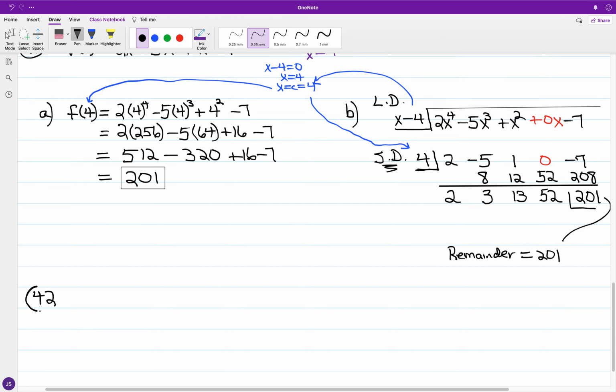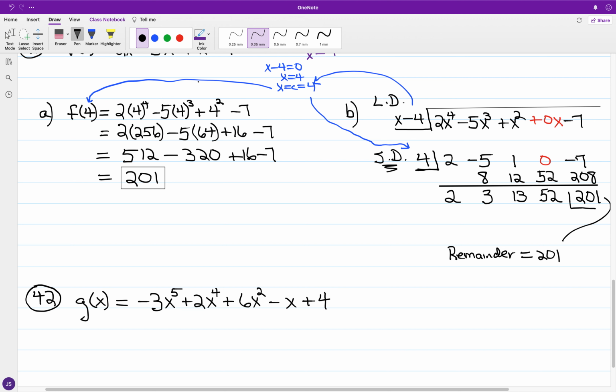we have our function, this time we're going from f of x to g of x. And now for g of x, where you're looking for the remainder, we have the polynomial negative 3x to the fifth plus 2x to the fourth, and we have plus 6x squared. If you notice we have the third order skipped, and we have minus x plus 4.